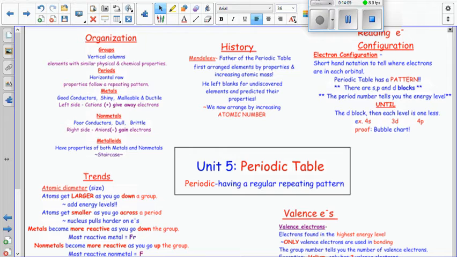All right. Again, history stuff. Mendeleev. Let me pick on somebody. Hey, Colin, you there? There we go. Hey, Colin, what's the name of the one guy who came up with the periodic table?